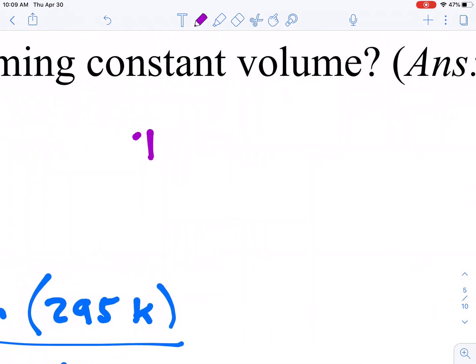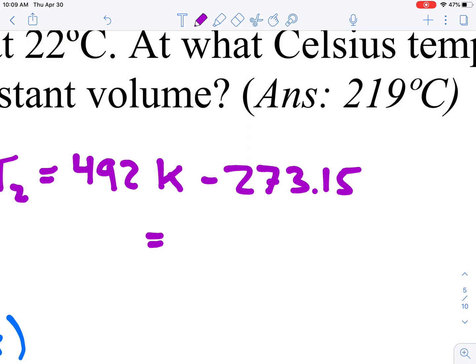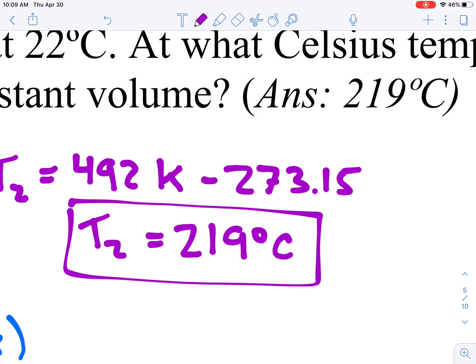So our T2 will end up being 492 Kelvin. But if you look back to the question, this one asks us for a Celsius temperature, so we again need to subtract off 273.15, and when we do that, we will get a final answer of 219 degrees Celsius for our final temperature.